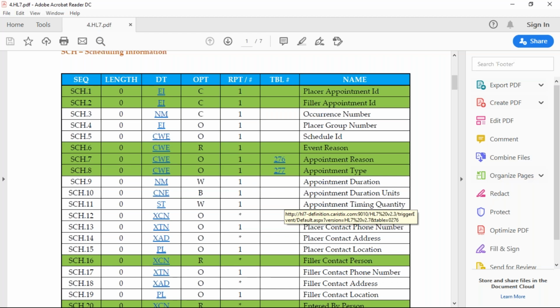One is the unique primary key of the appointment table, and the other is an appointment ID which is generated to show up in the application. So there will be an ID at the back end and an ID which can be seen at the front end. In a few systems both would be the same, in a few systems both would be different. If both are different, then you will see SCH1 and SCH2 being sent in the message. If not, then we will have only one ID in the SCH, either in SCH1 or SCH2.